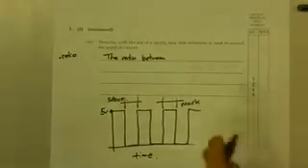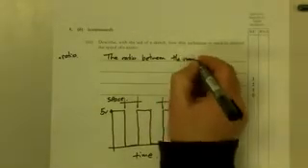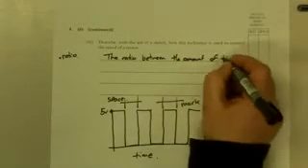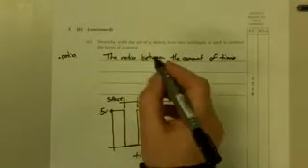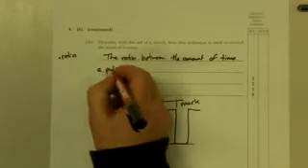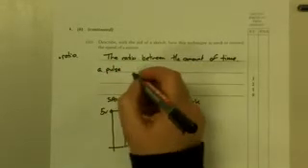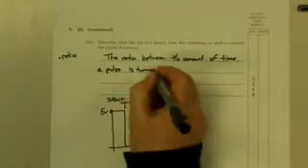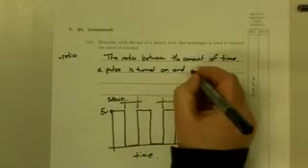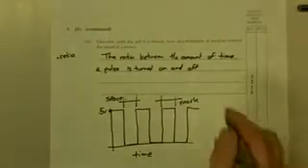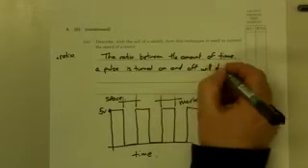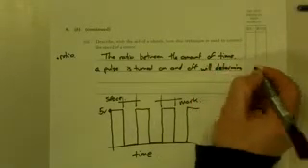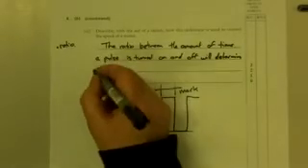The ratio between the amount of time a pulse is turned on and off will determine speed of the motor.